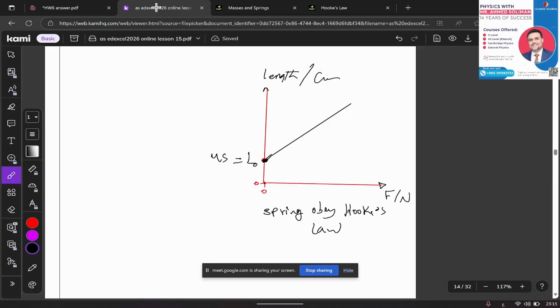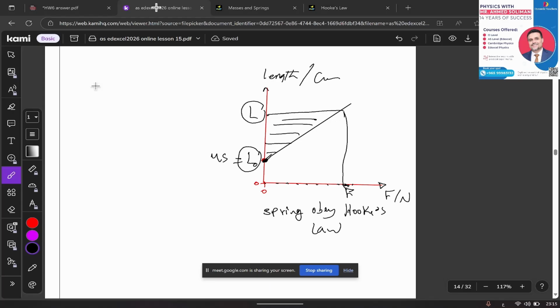Okay. After that, as you add force, as you add loads, what happens to the length? Increase. If you want to find, for example, the extension at this force, you have to subtract the stretched length minus the original length. This will be the extension.